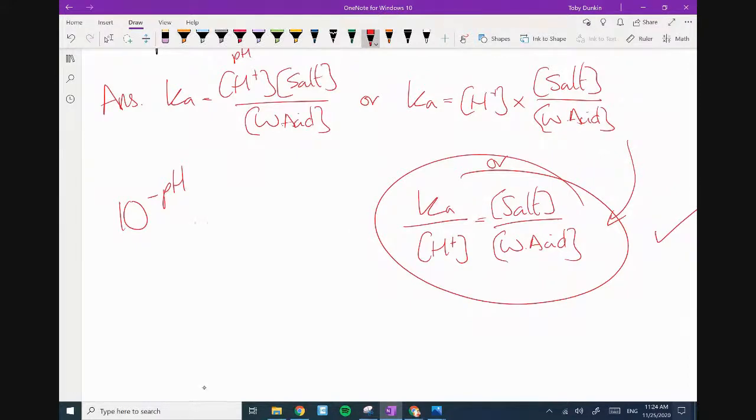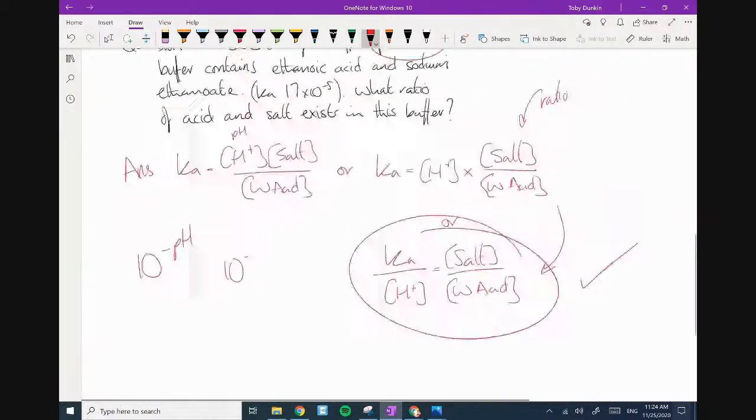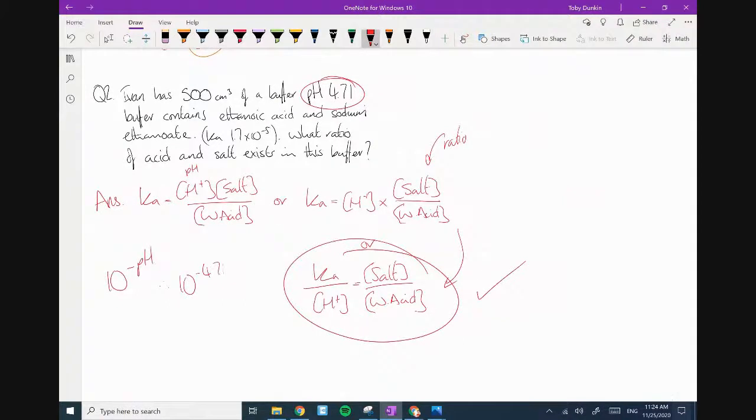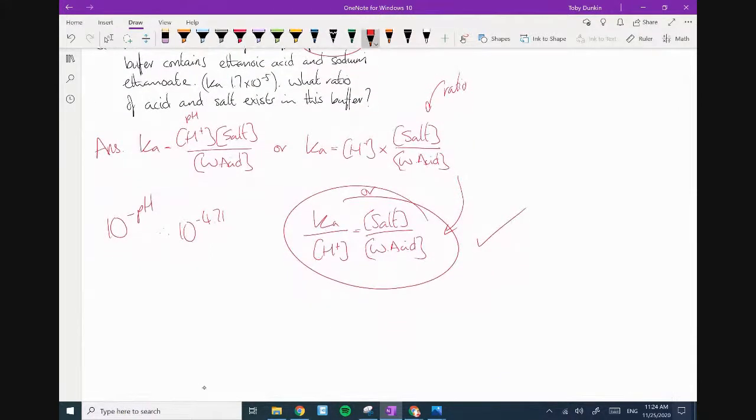So we can then say, therefore, 10 to the minus, and the pH was 4.71. So shift log gives me the 10 picture, minus 4.71 equals. Right, so the H plus concentration at that pH is 1.95 times 10 to the minus 5.